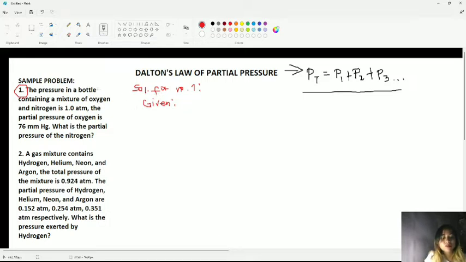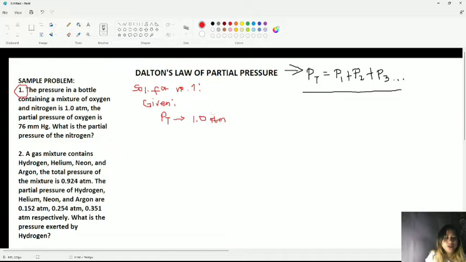So, may pressure daw sa bottle na nagko-contain ng mixture. Ibig sabihin ng mixture, it is composed of various elements. So, meron tayo dito oxygen and nitrogen. Ibig sabihin isa lang kasi mixture. So, it is now our total pressure, that is 1.0 atmosphere.